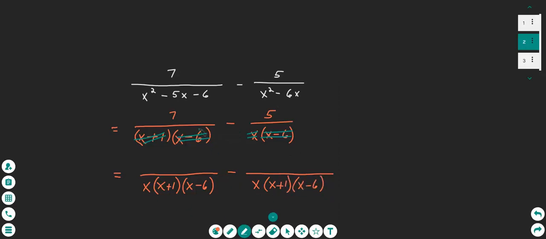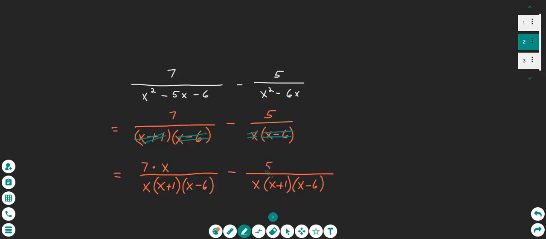All right, but now I need to find out what the numerator would be. So I have a 7, and I'm going to be multiplying that by, what did I have to multiply this denominator by? Well, I have the x plus 1, and I have the x minus 6, so I'd have to multiply this by an x to get to this new denominator. So I need to multiply the 7 by an x. This one here, I have an x and an x minus 6, so I'd have to multiply this by an x plus 1 to get to this new denominator.